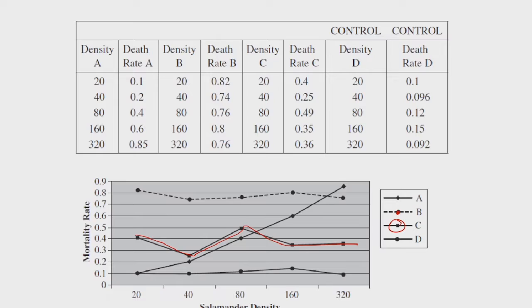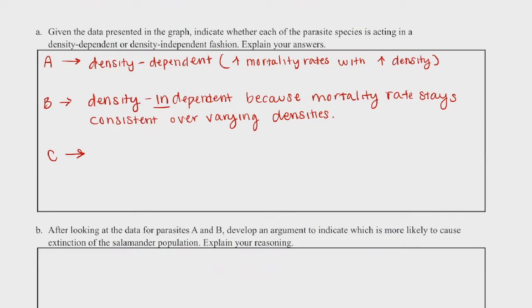We see that it kind of decreases, increases, decreases. There is not a consistent pattern where it increases with density, or it just stays consistent. It kind of acts on its own. So what we would say for that is that it doesn't fall into either category, and that's totally fine. So we just say neither density dependent nor independent.